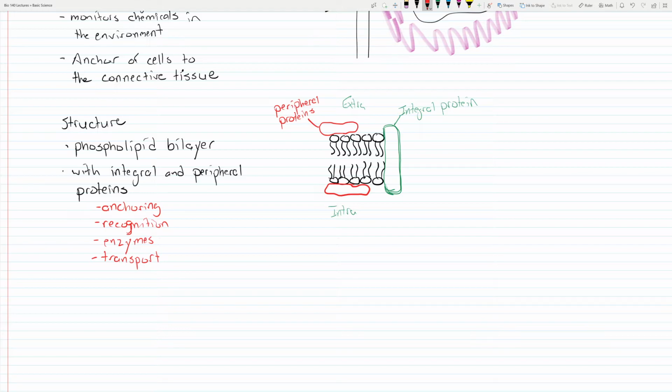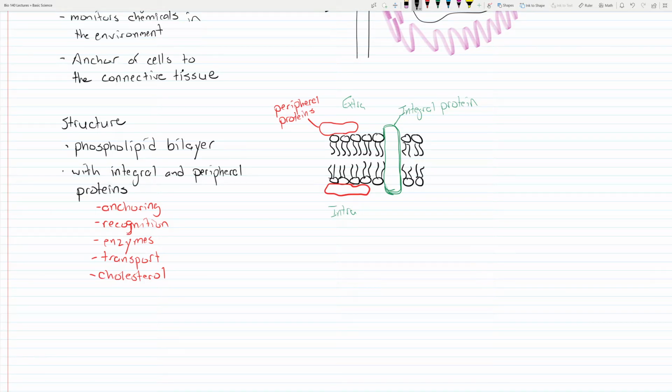Okay. Another thing that we find inside of the plasma membrane is cholesterol. So what we're going to do is we're going to draw a couple more phospholipids on this side.